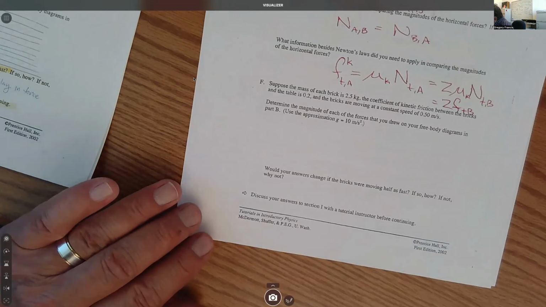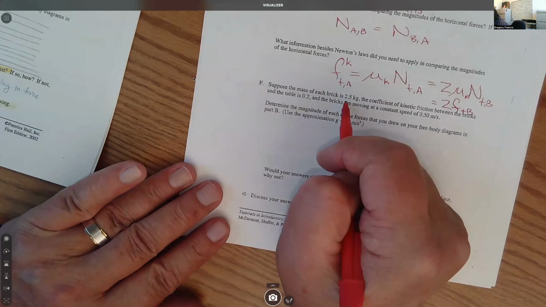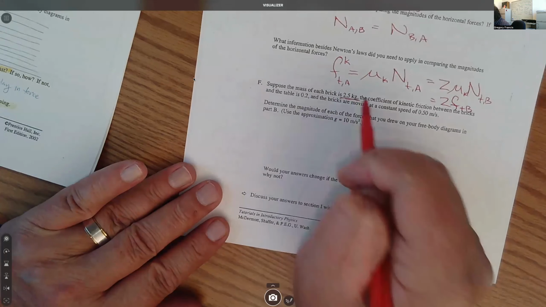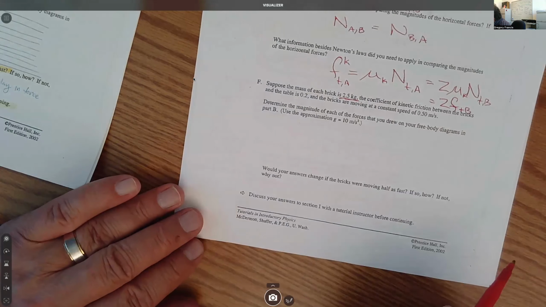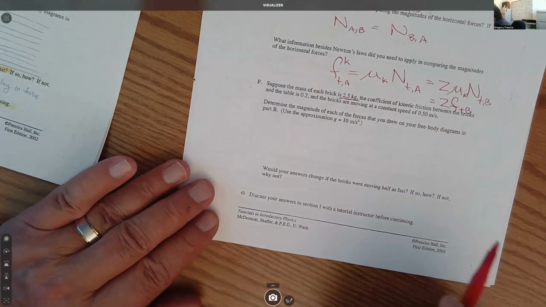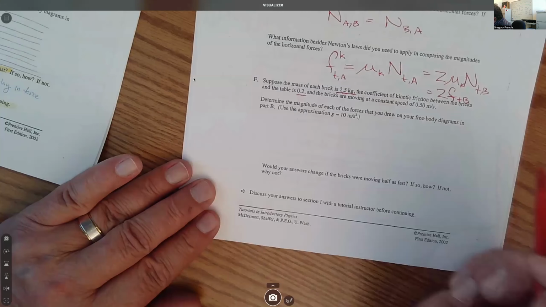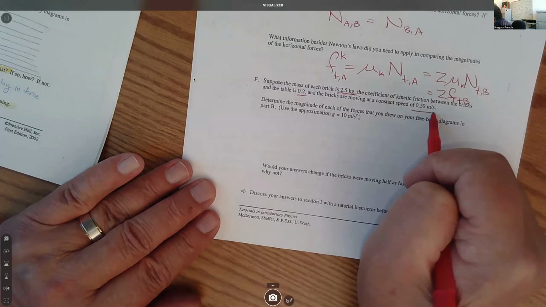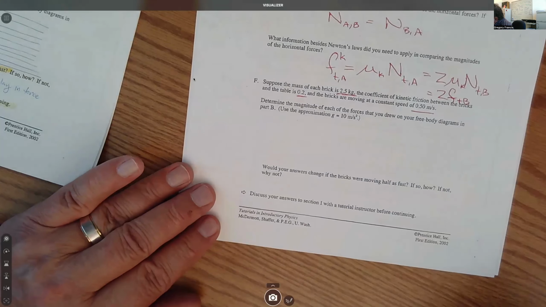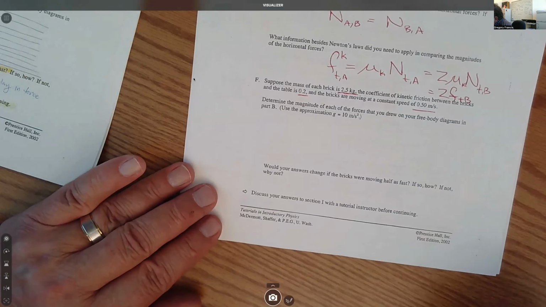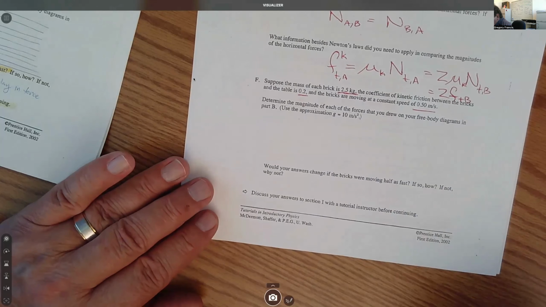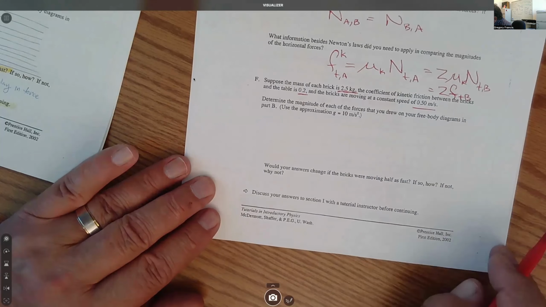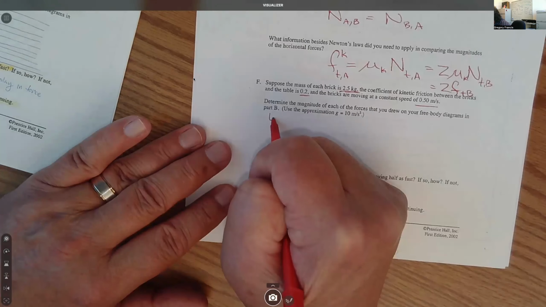Now, suppose the mass of each brick is 2.5 kilograms, and the coefficient of friction between the bricks is 0.2, and the bricks are moving at a speed of 0.5 meters per second. So if we start using that information to find the size of the forces, let's start with the weight forces.